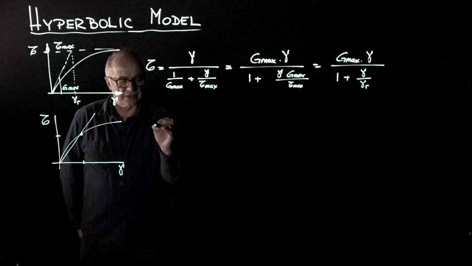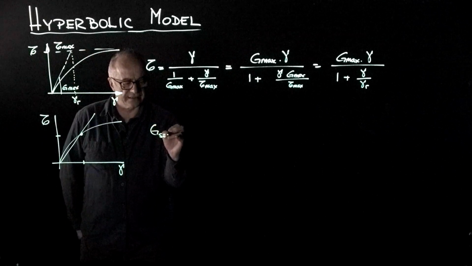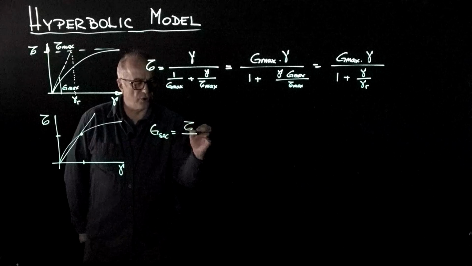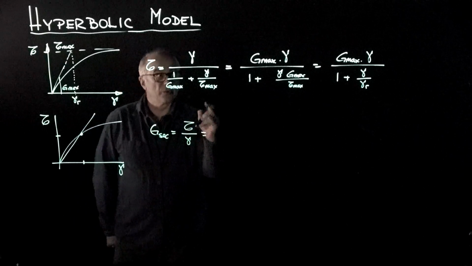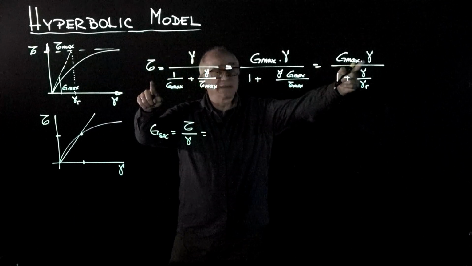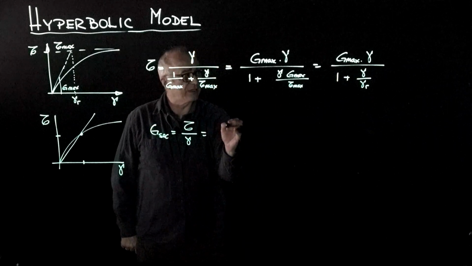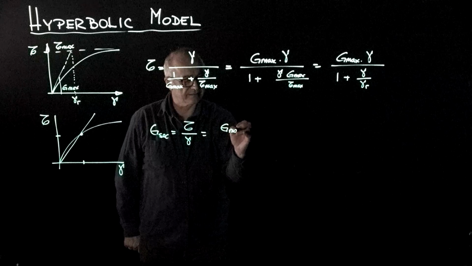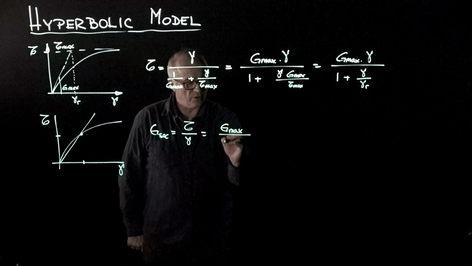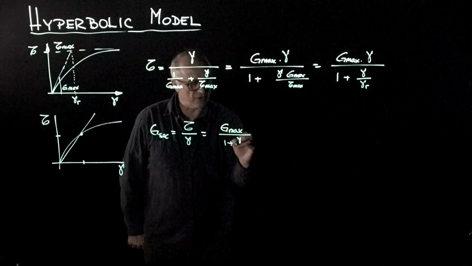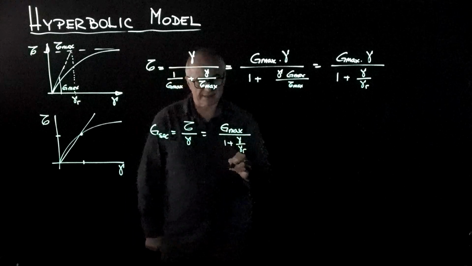So G secant is equal to tau over gamma, which becomes equal to Gmax over 1 plus gamma over gamma reference.